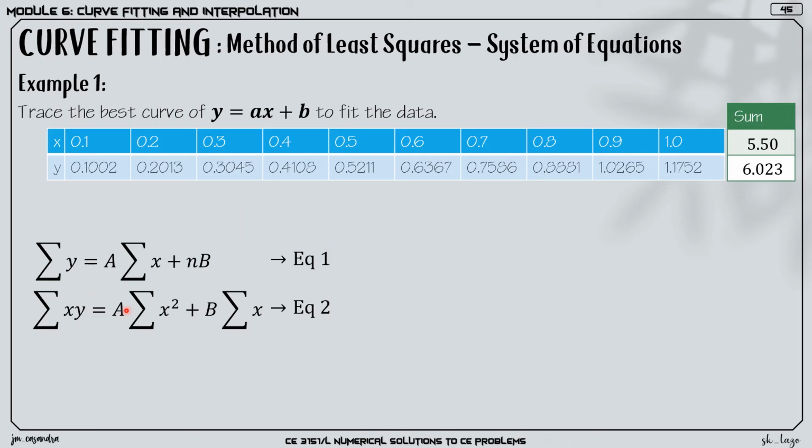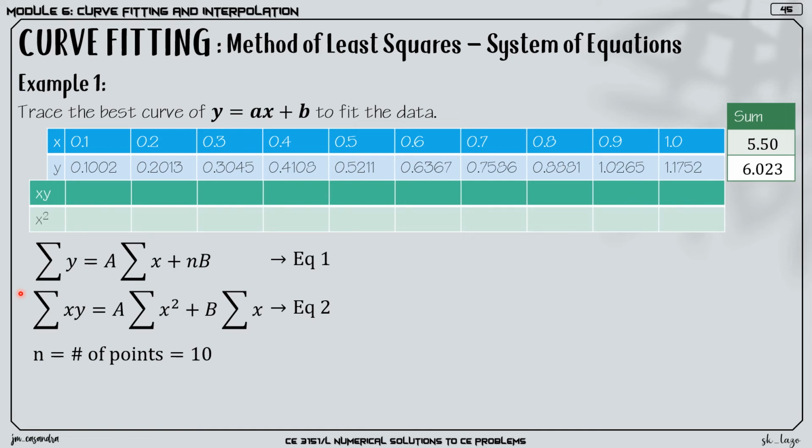Then next, we need the value of n, which is equal to 10, the number of points or data in our data set. Then for equation 2, we need the values of xy and x squared for each variable.